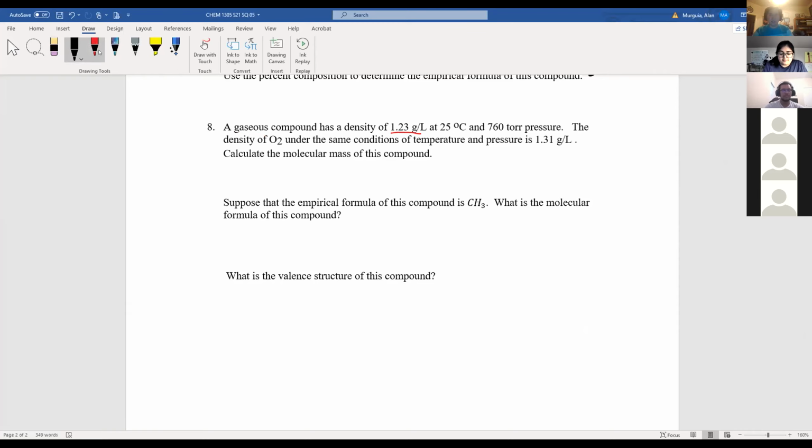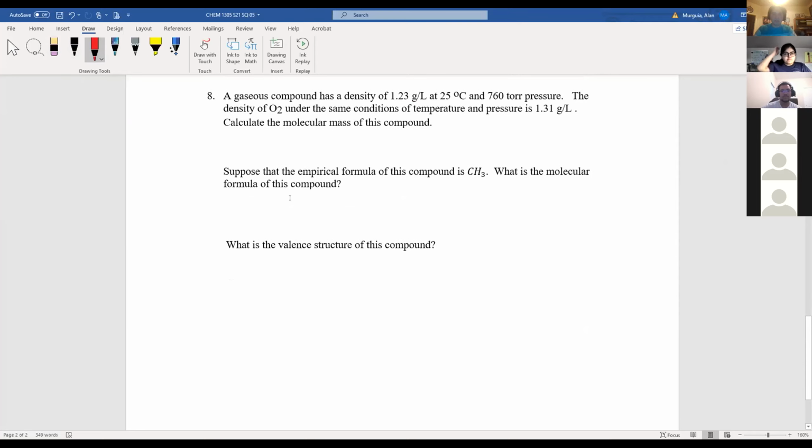So who has an idea of what you can do here? Let's look at what we have right now. I'm just going to write it down here at the bottom.